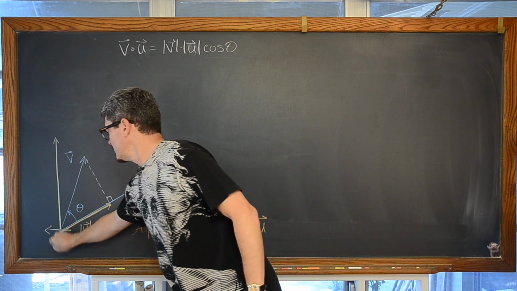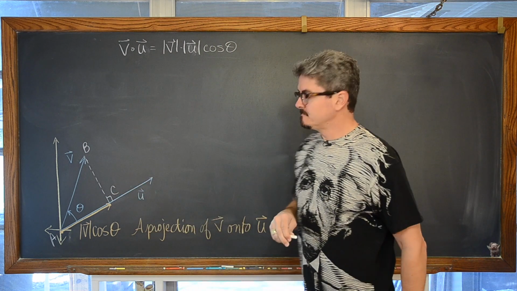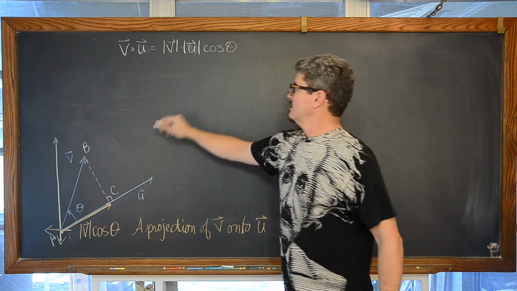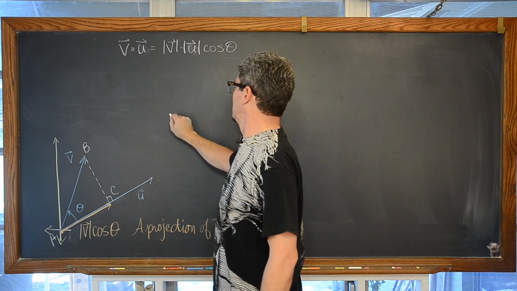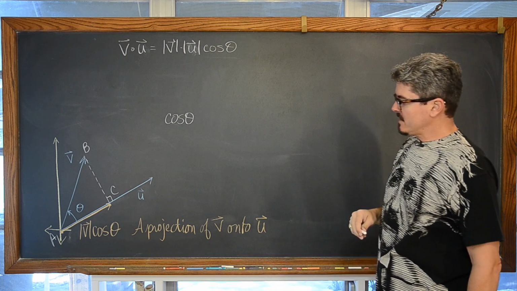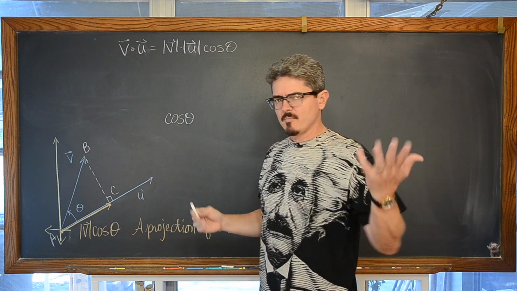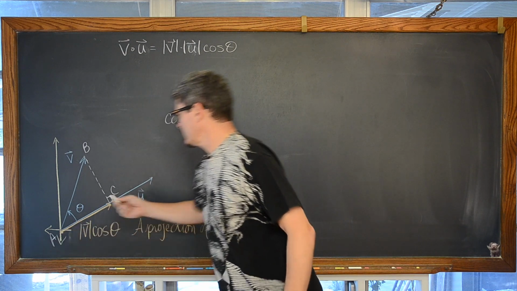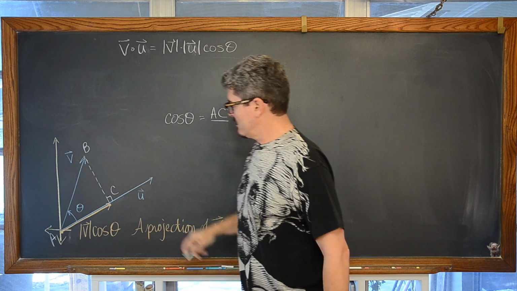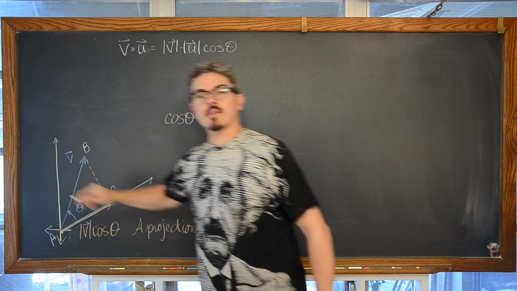Okay, let's get some white chalk back out so we can see this clearly. Let's call this A, B, and C. If I look at setting up the cosine of theta, as far as this right triangle is concerned, it is adjacent over hypotenuse. So it's the length of AC over the length of AB.